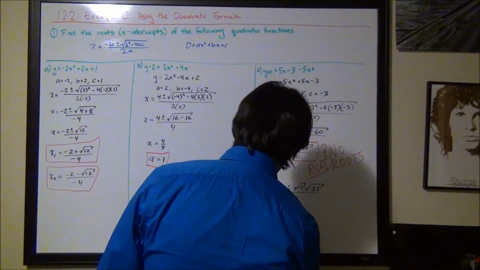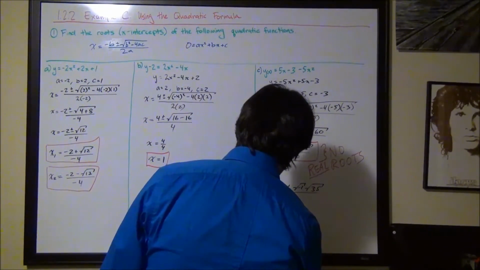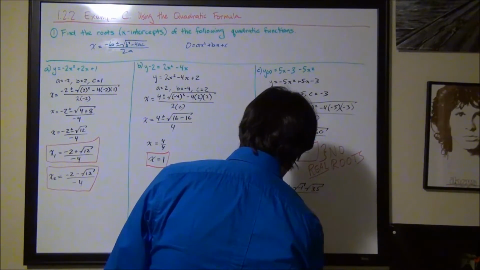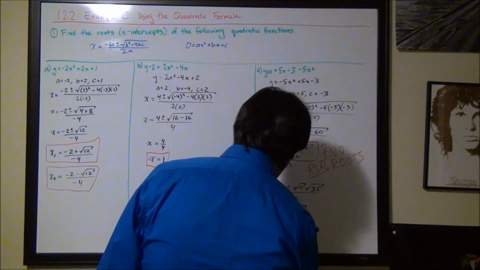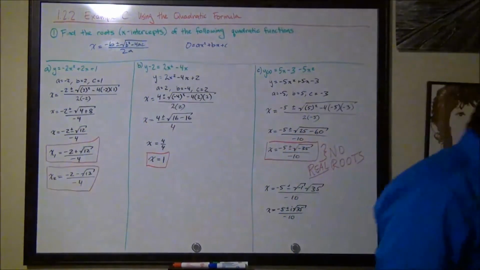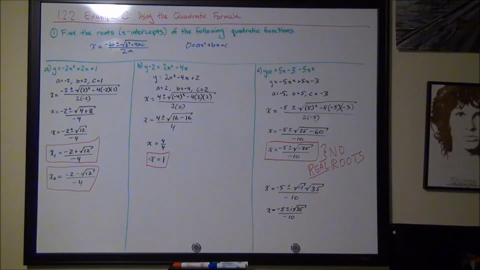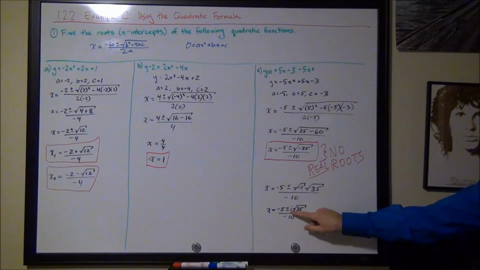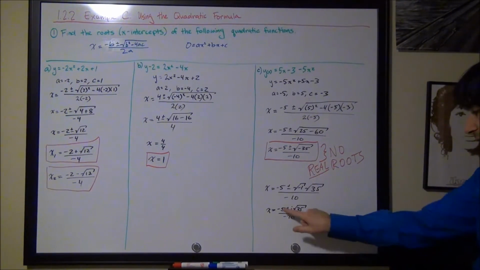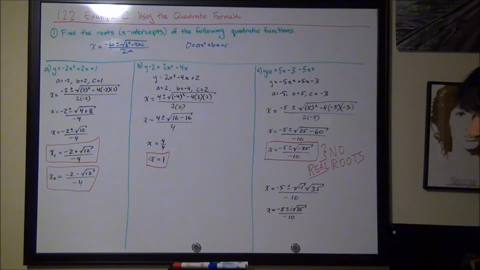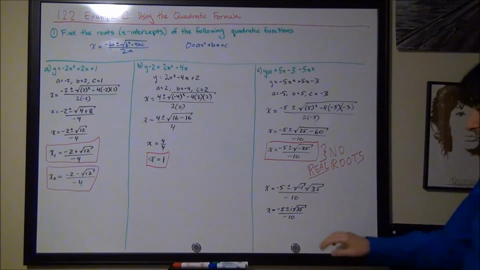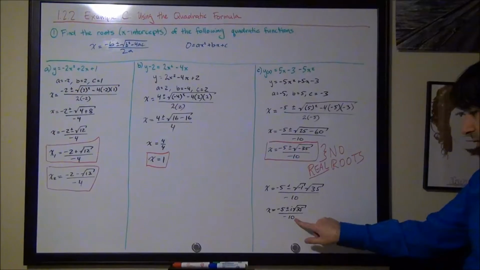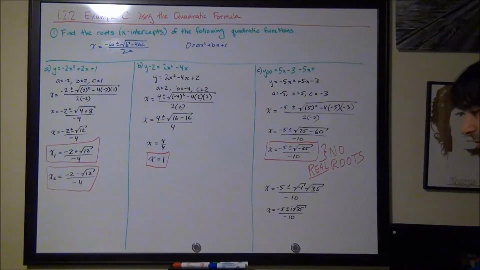So x is equal to -5 plus or minus i root 35 all over -10. And that's about as far as we can go. Because of this imaginary number here, this i, we actually cannot combine both these terms. Something we could do if we wanted was separate them over different fractions, but we can't really combine them.